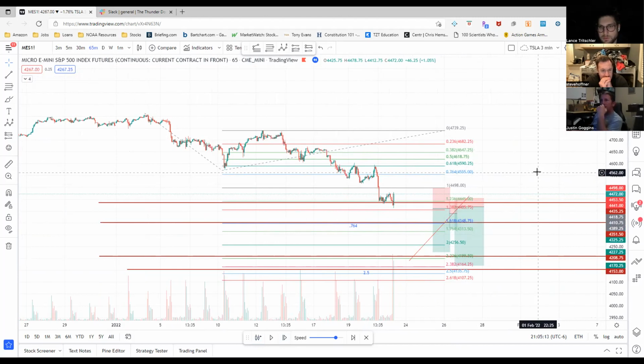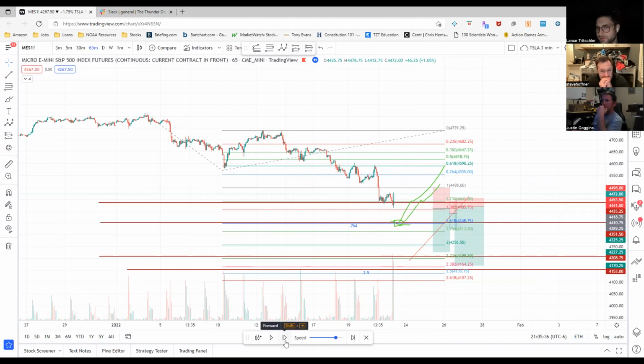Hoff, what level are we looking for when we're going for our wave 3? 618. Right. So if it doesn't hit the 618, then I'm not playing it as a wave. I'm not playing the bounce. If it hits the 1.618, I'm willing to take it long on a bounce if I get a candle.